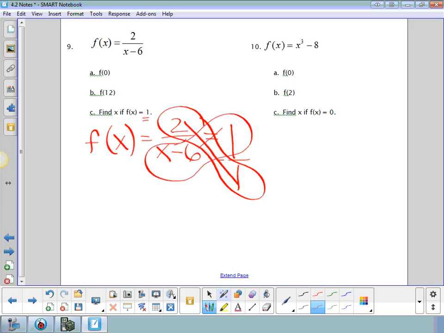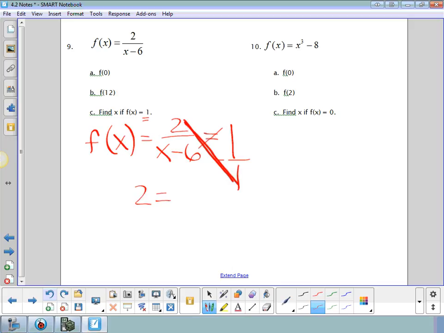Okay? So let me move some of that out of the way because it looks confusing. What's 2 times 1? 2 equals, what's 1 times x minus 6? And then you just add 6 and you still get 8.